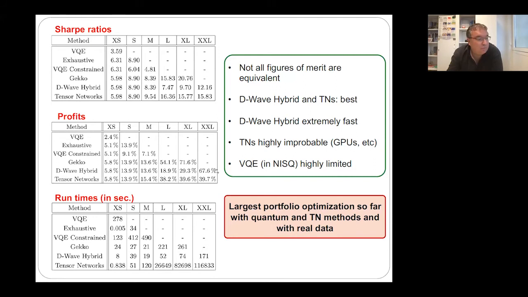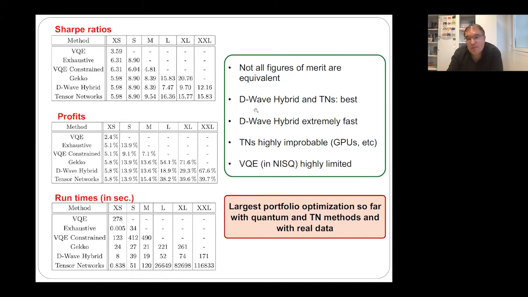That's super good. But then you ask, what is the algorithm that is maximizing my Sharpe ratio? Well, it turns out that Tensor Networks is doing better. You get lower returns, but you also have a lower risk, let's say. So this is interesting. We noticed from our simulations that not all figures of merit are equivalent.